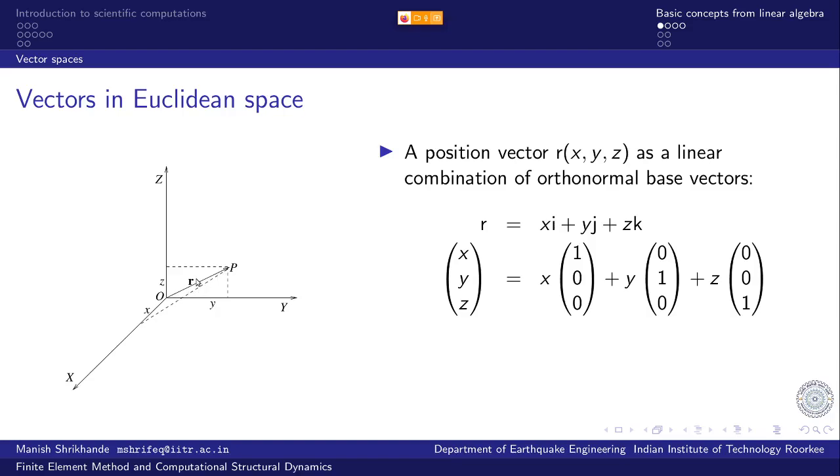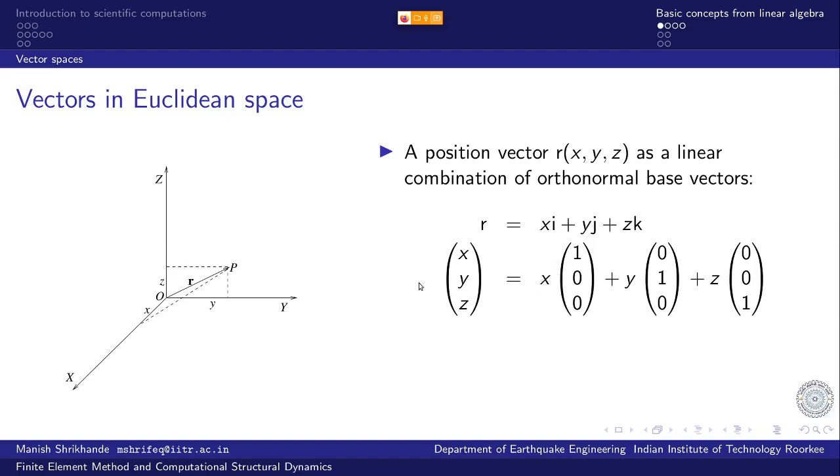If you look at it closely, pay attention to this diagram, this scaling factor x measures to what extent unit vector i participates in making r. So x is the projection of r along unit vector i. It is given by the dot product of r with i. If you take the dot product of this vector x, y, z with 1, 0, 0, the first Euclidean unit vector, you will get x.